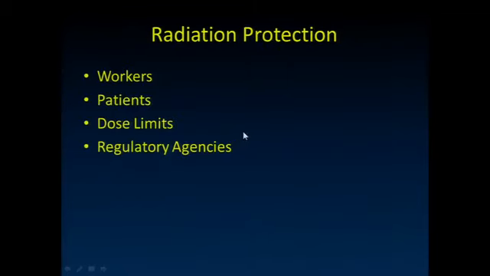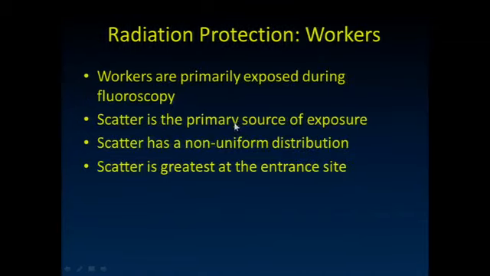So in terms of radiation protection, I'm going to let you guys handle looking at those different numbers and making sure you memorize them, but realize there are regulations for workers and patients in terms of dose limits and some regulatory agents. In terms of workers, we're primarily exposed during fluoroscopy, and scatter is the primary source of exposure for us.